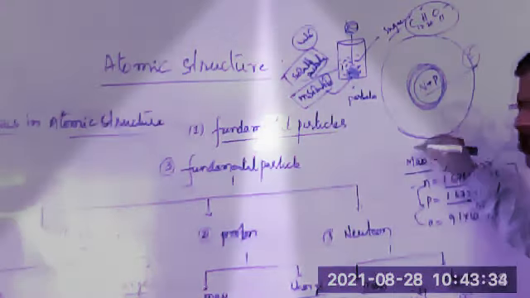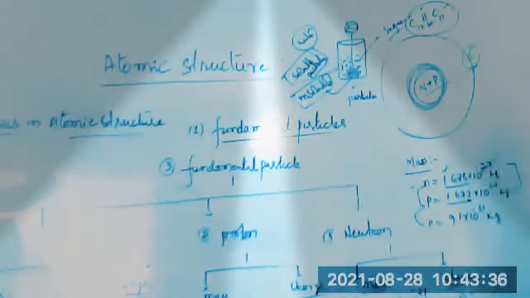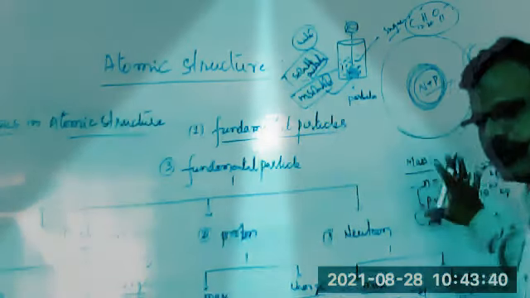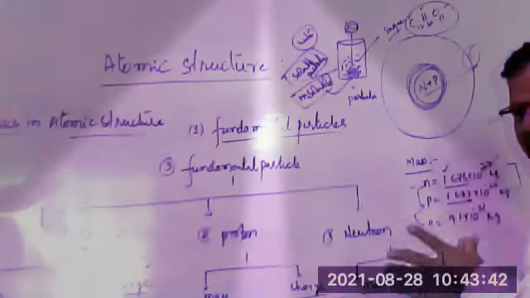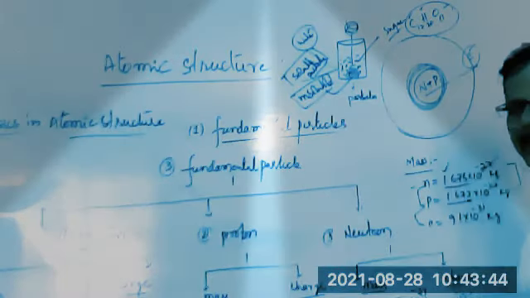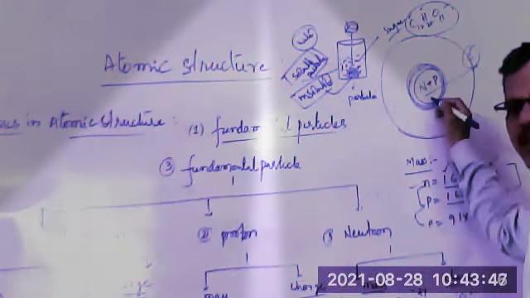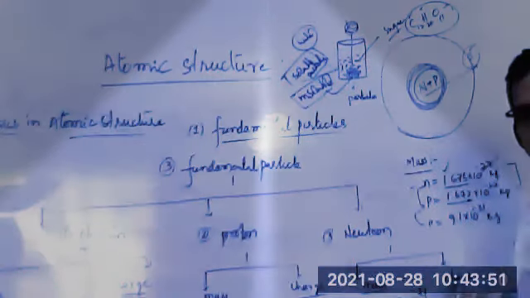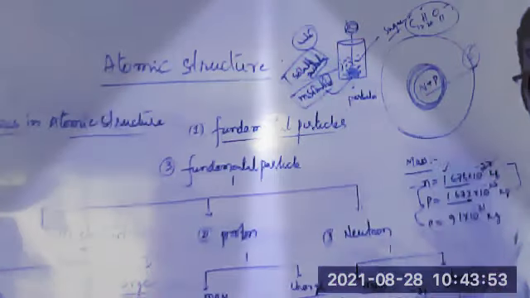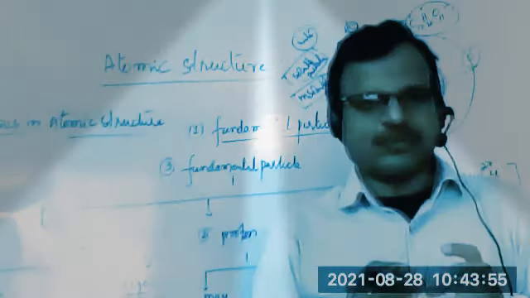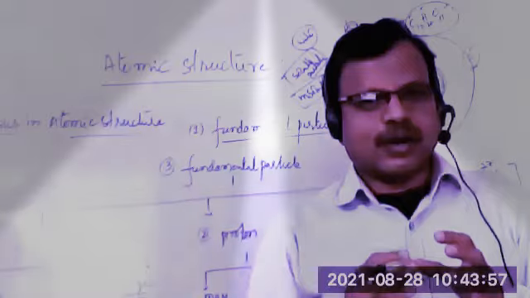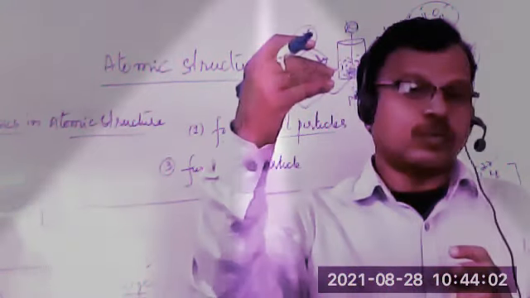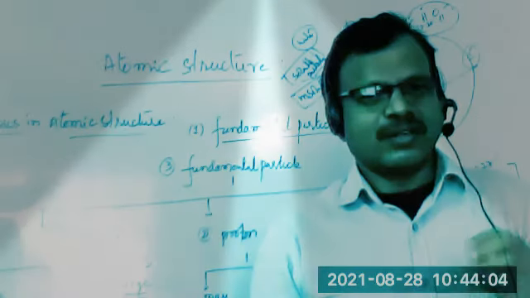Why are these inside and those outside? Simply, we can say it is based on the mass. Whichever has more mass should be inside the nucleus, and whichever has less mass is outside the nucleus. This is a general concept, but it is applicable to our remaining theories.